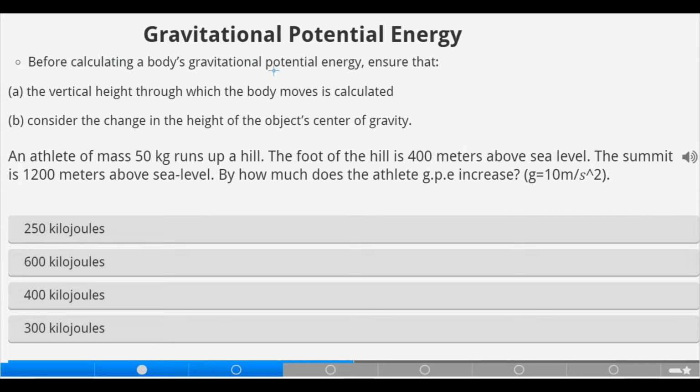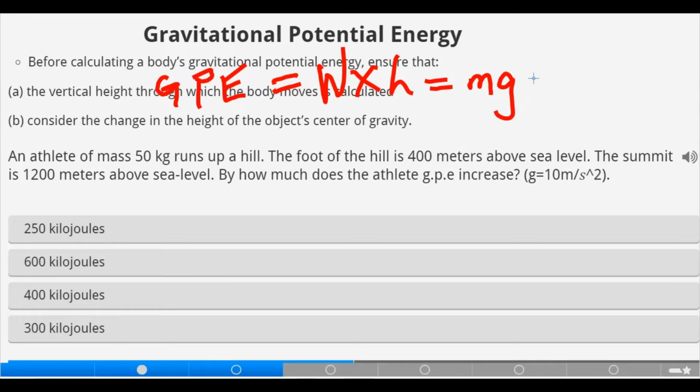What is the formula associated with gravitational potential energy? Let's just write it that Gp is equal to weight times height. Then we have weight simplified to be mass times acceleration due to gravity times the height. Don't forget that we have a difference in height.